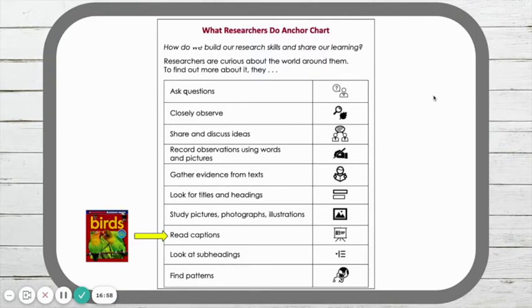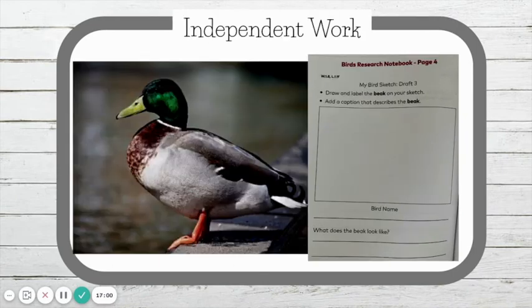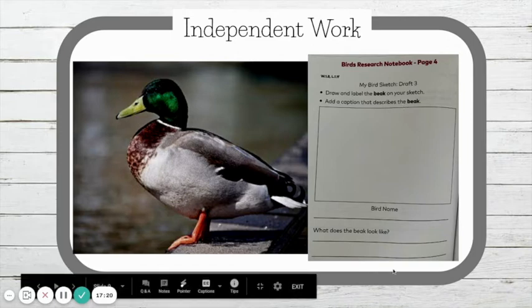And that's what you are going to do today. You are going to only draw the head and the beak. Draw and label the beak in this box. Then add a caption that describes the beak. Now, you can add a label too that says beak, but down here, I'd like you to add a caption telling me what the beak looks like.